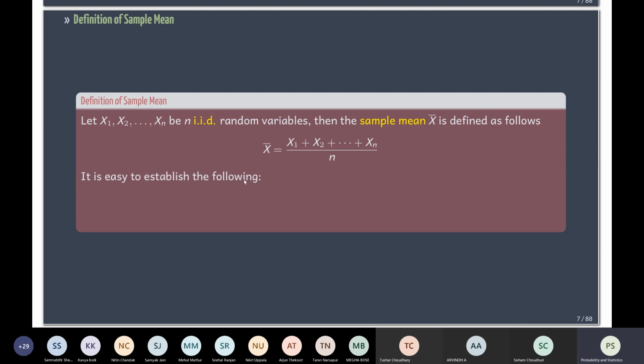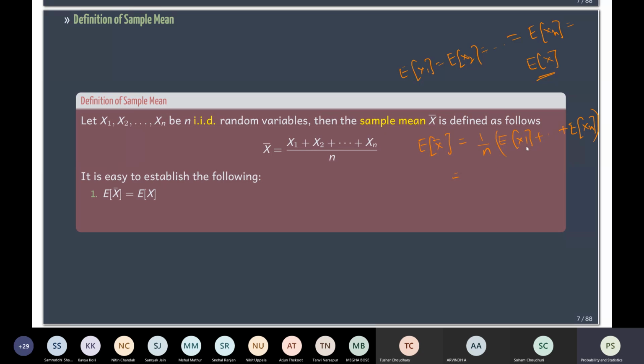It is easy to establish the following: the expectation of the sample mean will be the expectation of x. That's kind of trivial, right? The expectation of x bar, due to linearity, with 1 by n coming out, is the expectation of x1 plus ... plus the expectation of xn. Now we know that the expectation of x1 is equal to the expectation of x2, because they are all coming from the same distribution, and so on up to xn, and this is, let us say, the expectation of x, some representative x which has the same distribution.